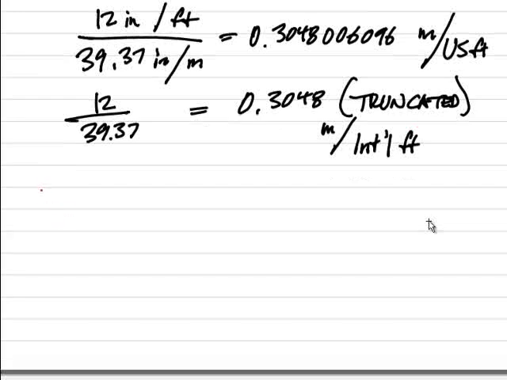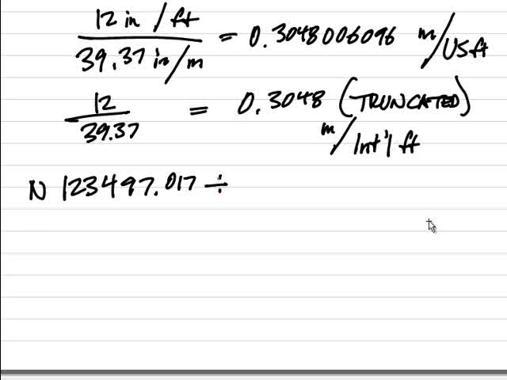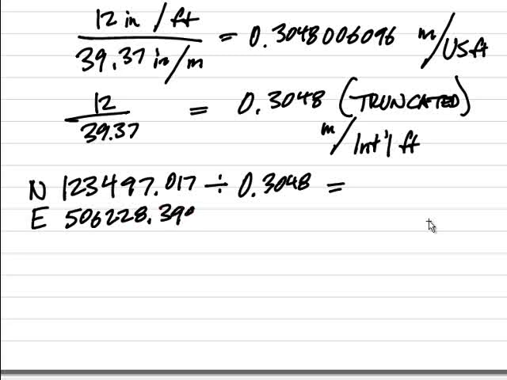So we take our northing, 123,497,017. If we're going to convert this, we're going to divide it by 0.3048. And we're going to do the same thing with the easting, 506,228,399 divided by 0.3048.